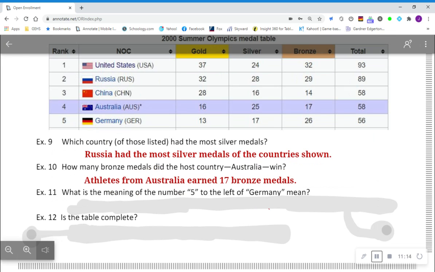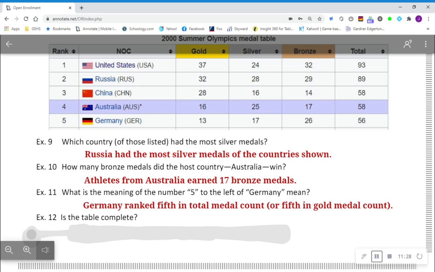Okay, the next question is, what's the meaning of the number 5 to the left of Germany? And you can see that 5 over here. That's just simply the ranking. So be careful how you state it. We don't really know here, but they're ranked 5th in either total medal count or gold medal count out of all the nations in the world, presumably here.